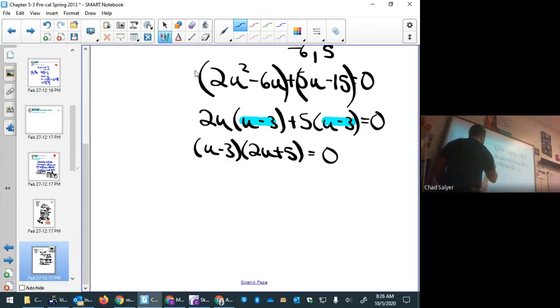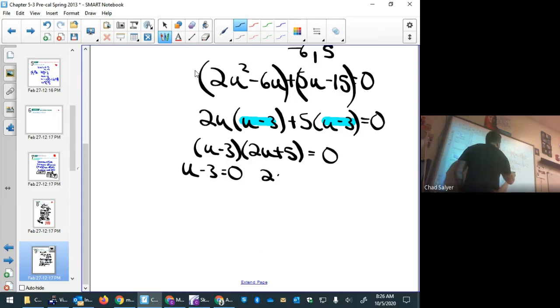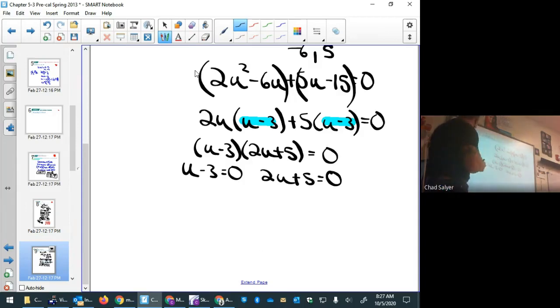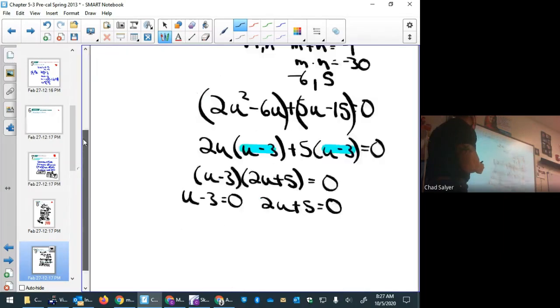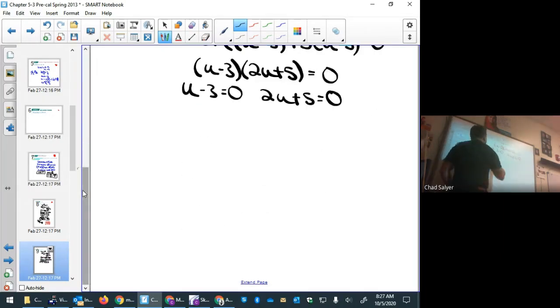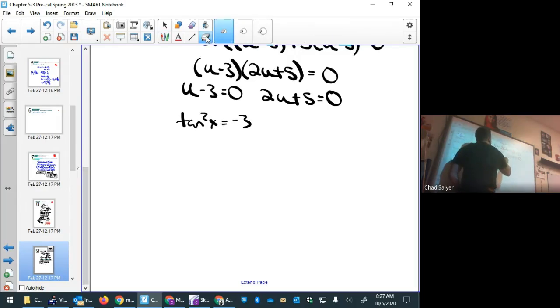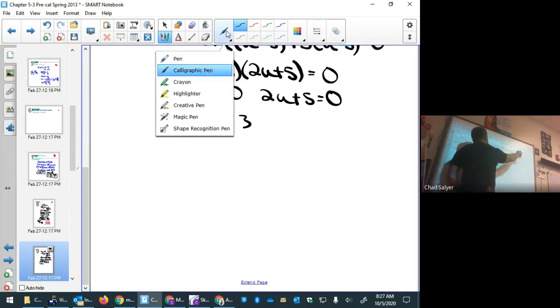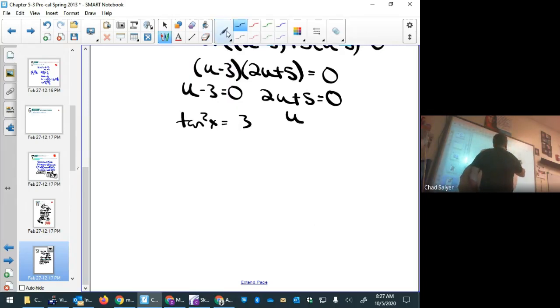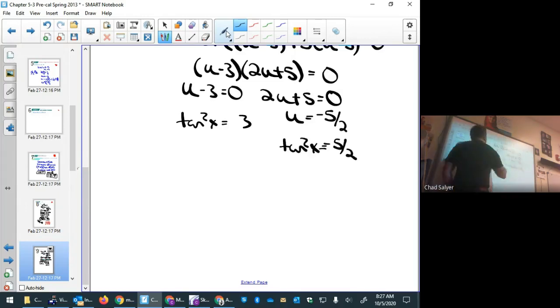And so the zero product property tells us this has to be true. Then if we plug in tangent squared of x, tangent squared of x equals positive 3. And here we've got u equals negative 5/2, so tangent squared of x equals negative 5/2.